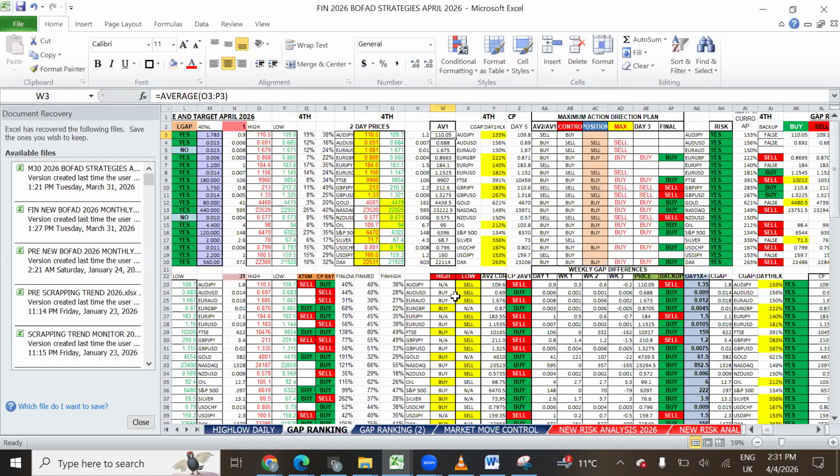So like for here now, AUD/JPY, you can see that it has already a buy and sell. But also according to this rule, we want these two positions to be the same. But if this is plain like this, then we follow the rule on the right side.